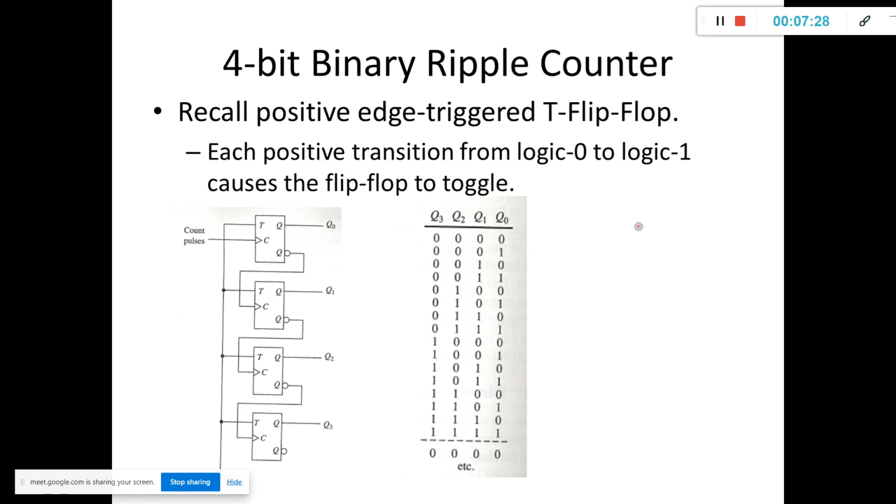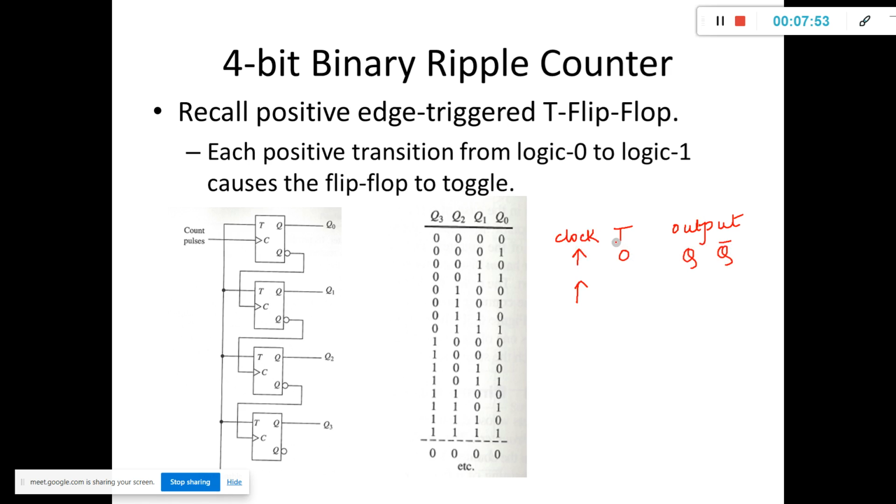When you apply a clock, it is positive edge triggered. If T is 0, the output will retain Q and Q bar, that is, it will retain the present state.